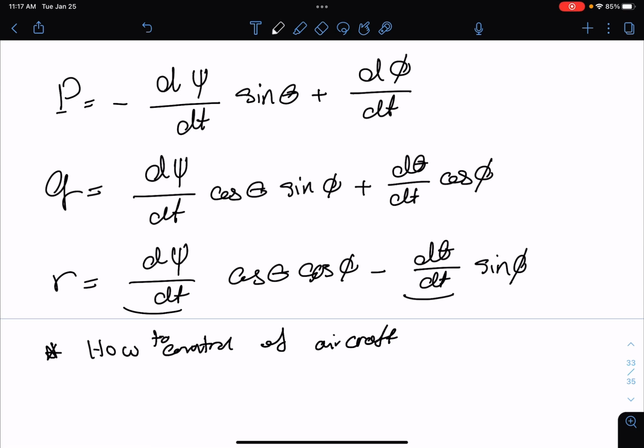Because the pilot doesn't really care about these components. How to design a control system. Yeah, sure. Well, we're finding velocity and acceleration here, and as far as the flight control systems, we know how fast the aircraft can go, how fast it can accelerate, what the limits of that might be.